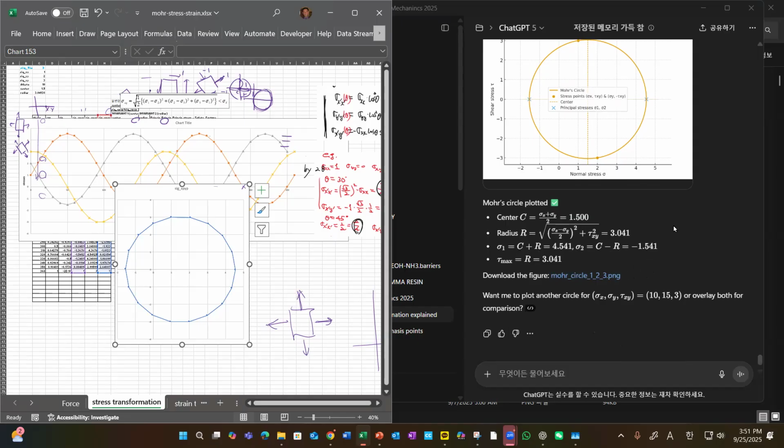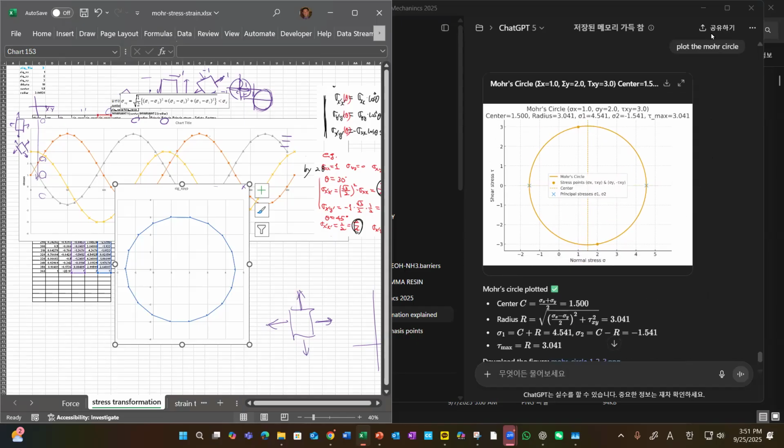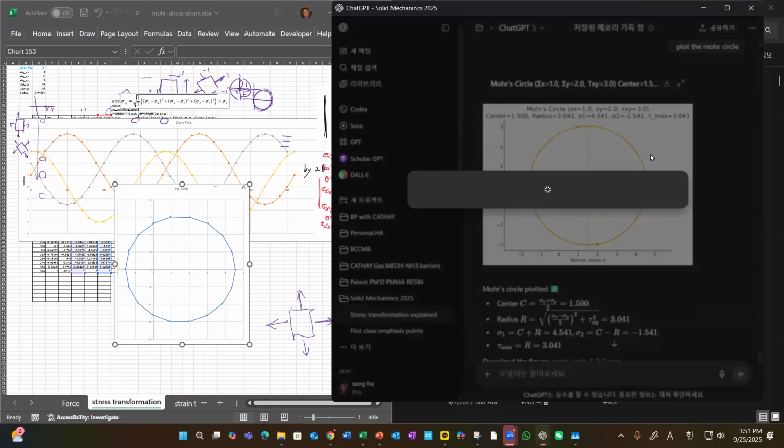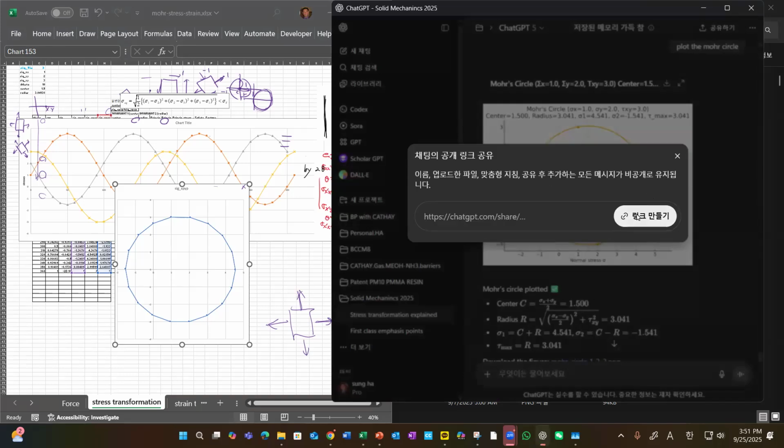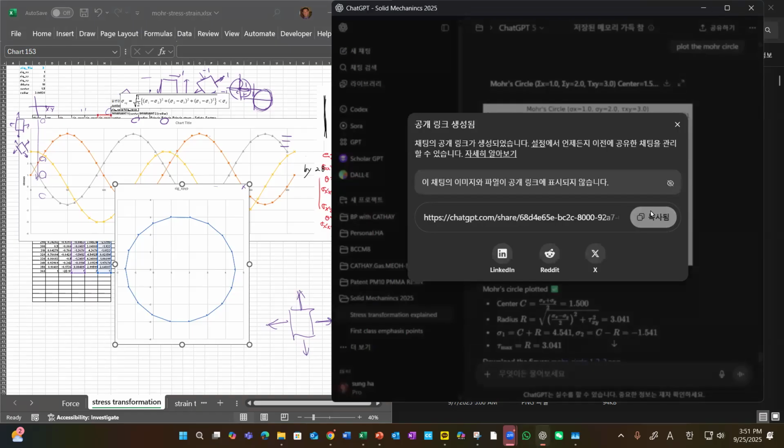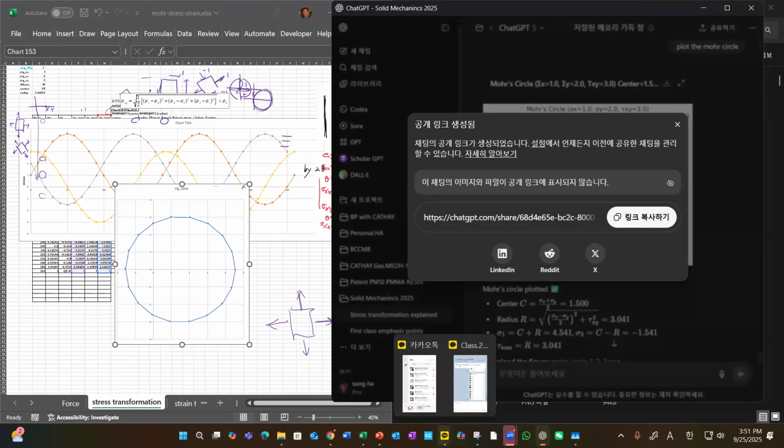But anyhow, this is what I like to say. I will copy this link and share it with you guys. I copied the catalog of all we have done in ChatGPT.